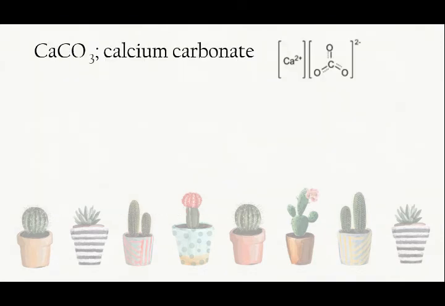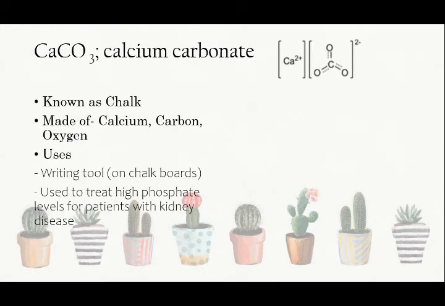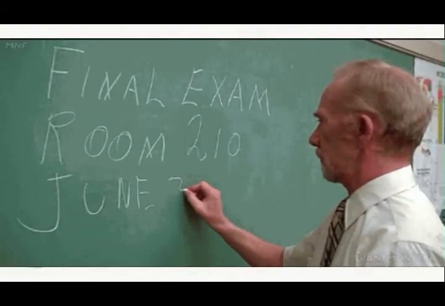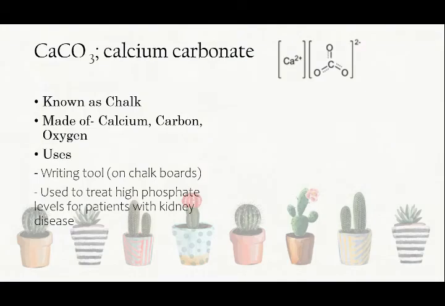Next, calcium carbonate. Calcium carbonate, also known as chalk. Yes, chalk that is usually used by the teacher to write on the blackboard. Calcium carbonate is a compound made from calcium, carbon, and oxygen atoms.